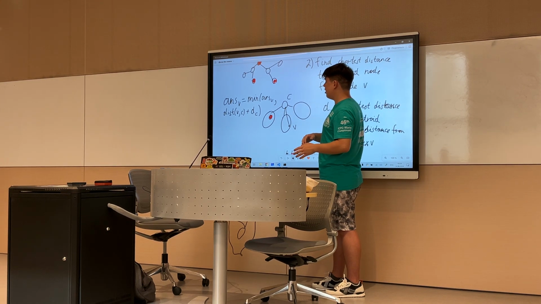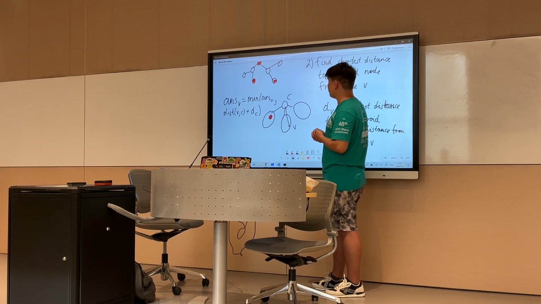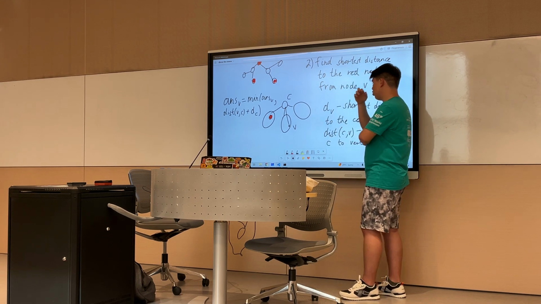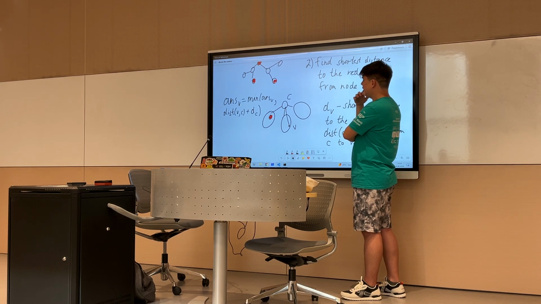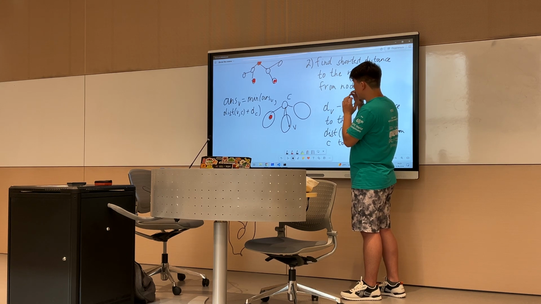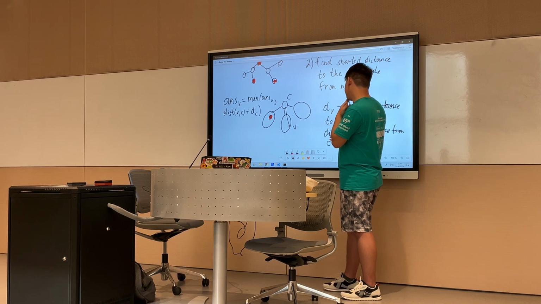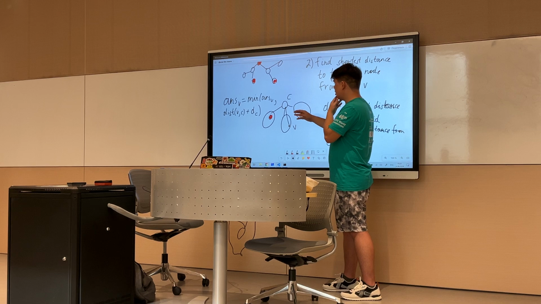Every vertex, at some moment, will be the centroid of its own tree, and we need to keep the shortest distance to the red vertex when V is the centroid of its tree, and we need to store the distance from every vertex to the centroid.